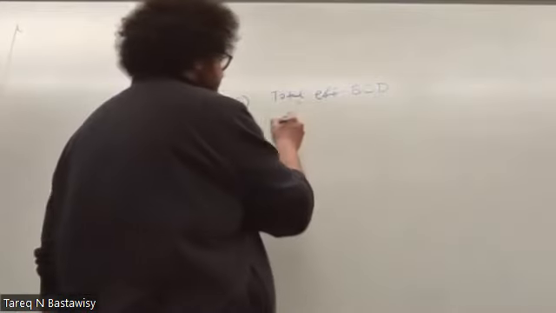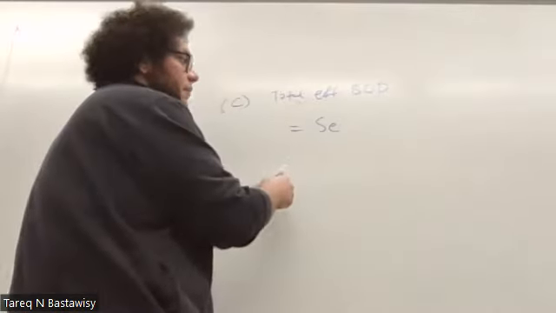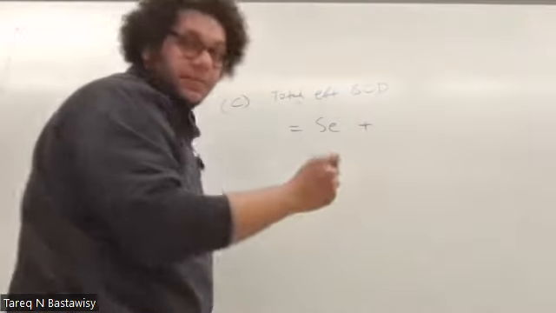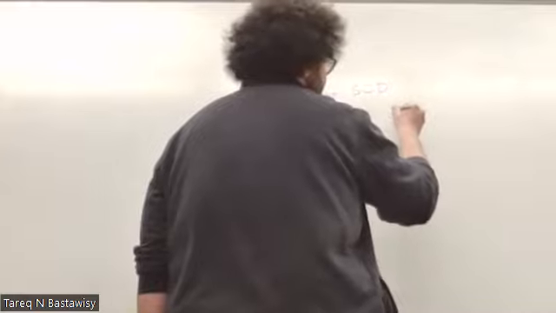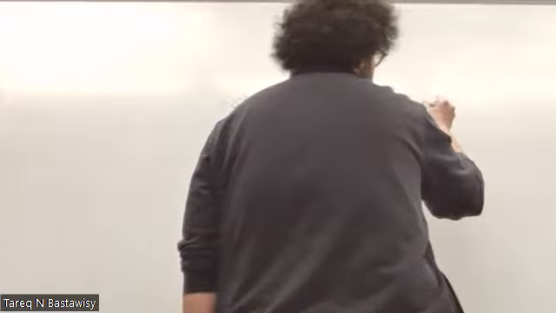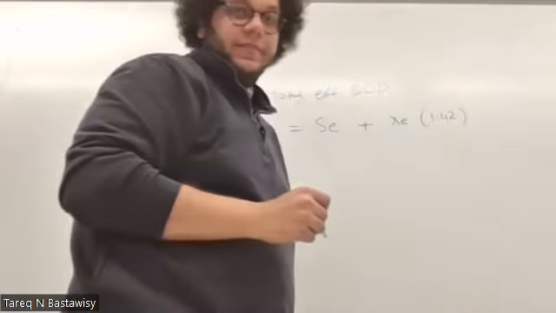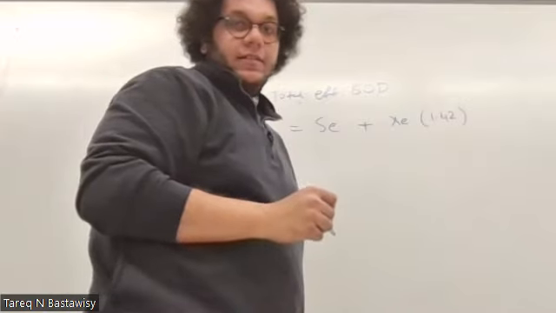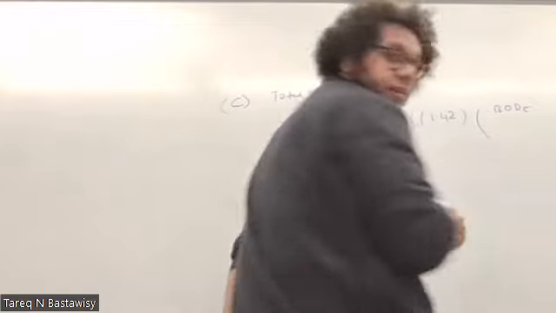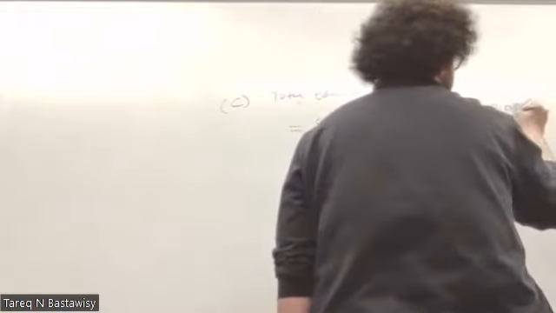So in this equation you have your SE, your substrate. We have these in your notes as well. You have your SE, and then you have your XE, and it's being multiplied by 1.42, and divided by the ratio of BOD5 over BOD of it.